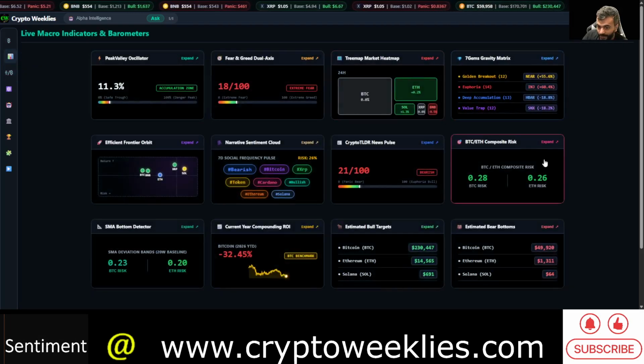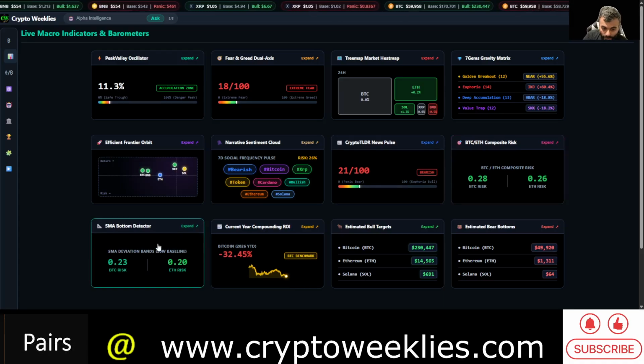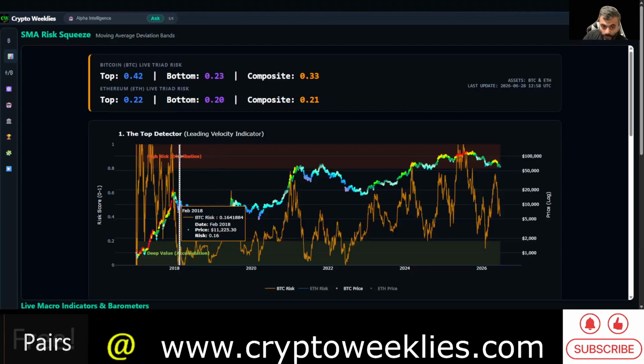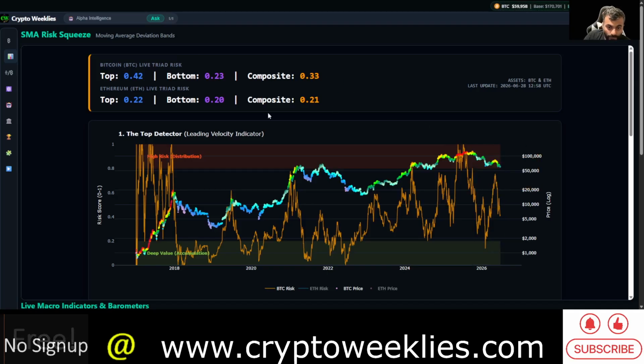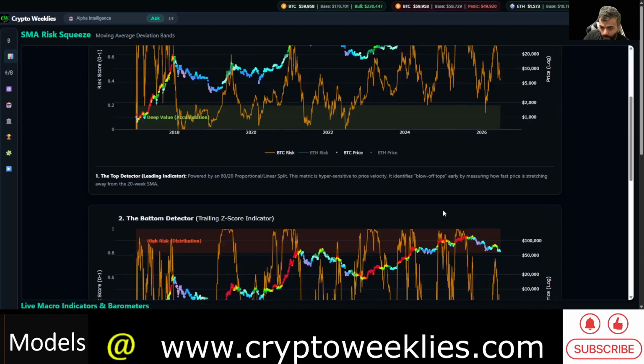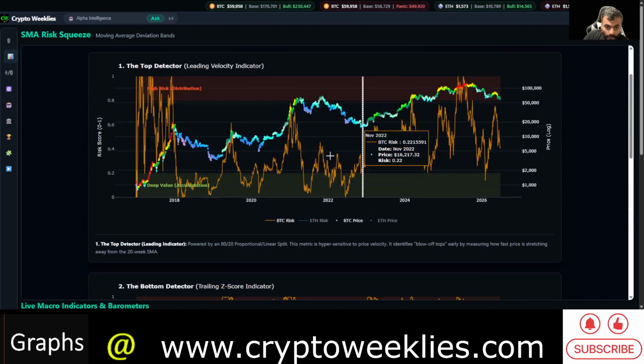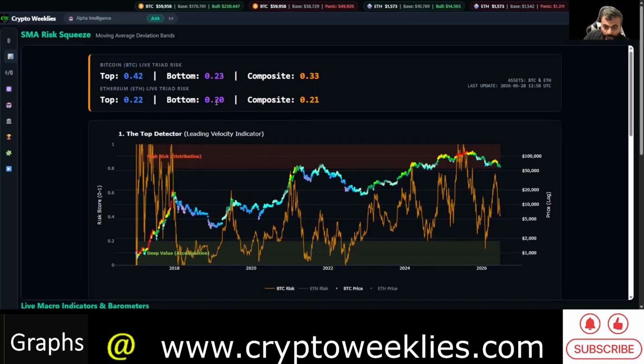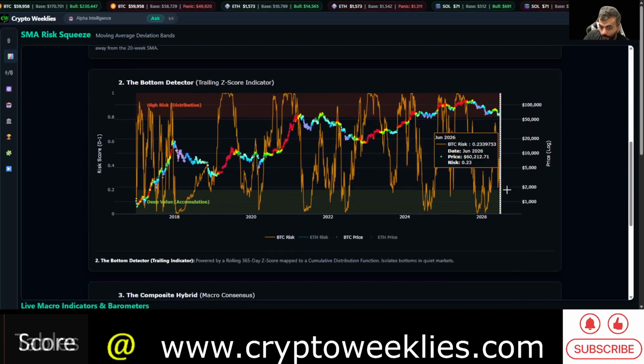Together, these metrics are pointing to a bottom detector model over here. The composite risk of Bitcoin versus ETH accumulation is pointing to a closer bottom on both. The bottom model for Bitcoin is at 0.23 and ETH is around 0.20. So anything at or near 0.20 is typically in accumulation territory.